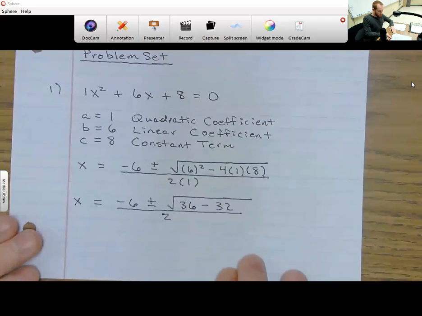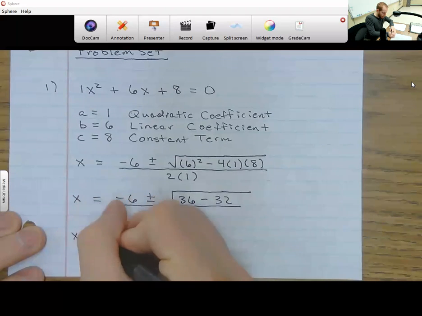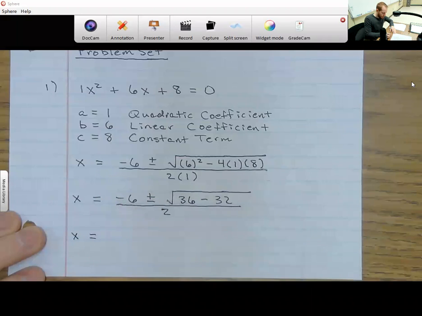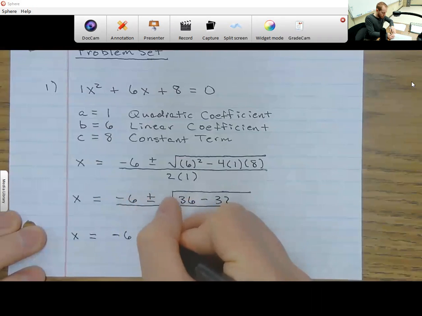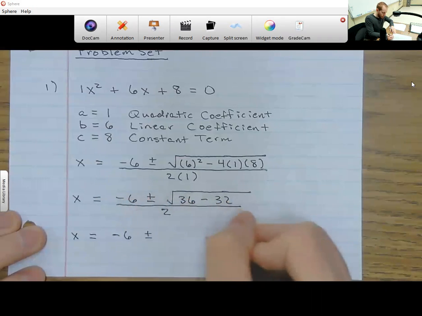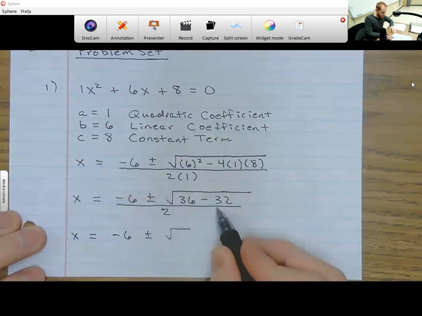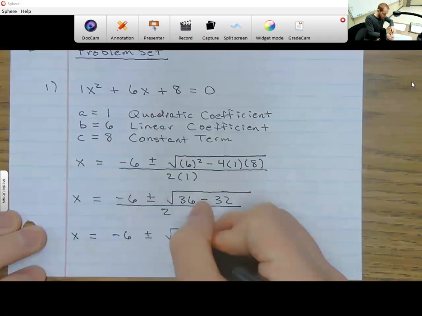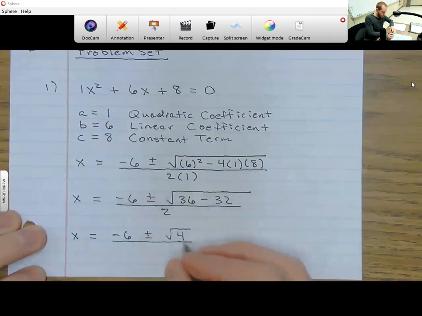Okay, so we're almost there. We just need to simplify this, and then we'll have a clearer picture of what my 2 answers are going to be. So I've still got x equals -6 plus or minus the square root of what? 36 minus 32? That would be 4. And everything is divided by 2.